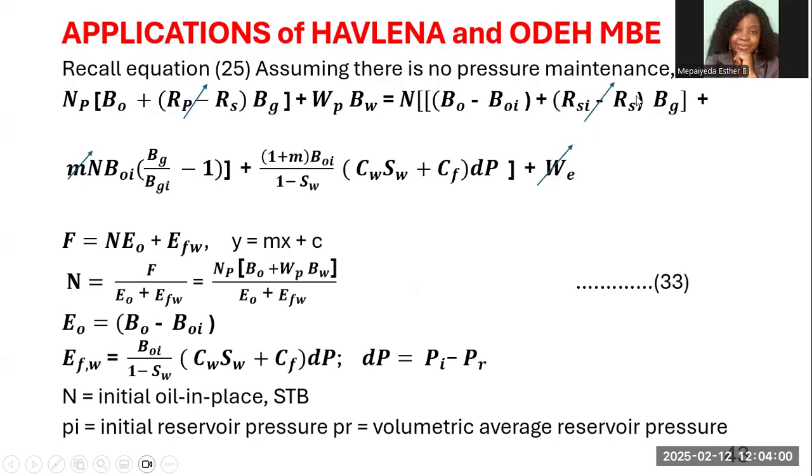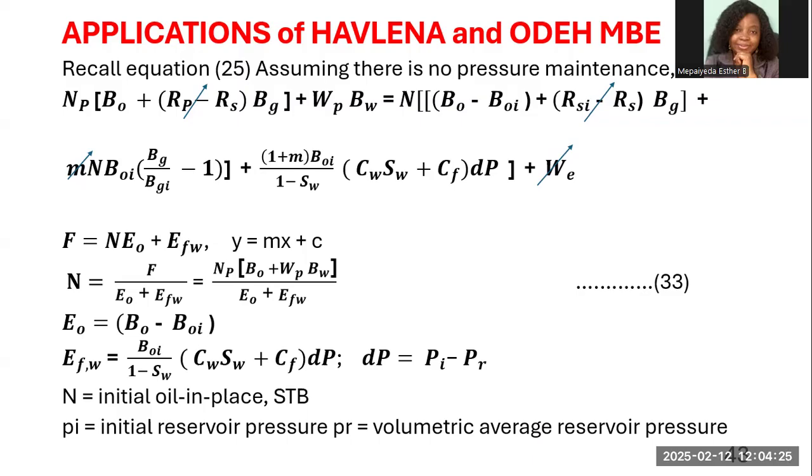Your Rsi equals Rs because it is in the undersaturated state and it's volumetric, We equals 0. Your Rsi equals Rs and equals Rp. Your Rp is the solution gas produced to the surface, the gas from your oil produced to the surface. Your Rs is at every pressure, but it's not yet produced to the surface.